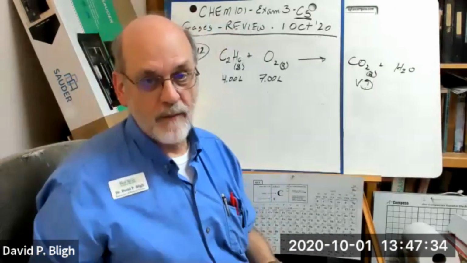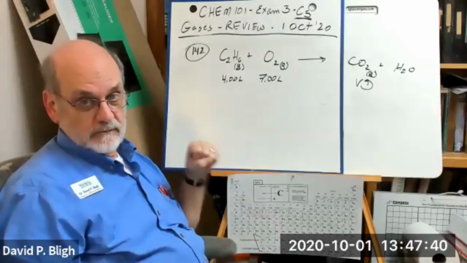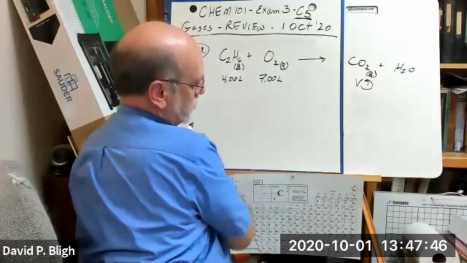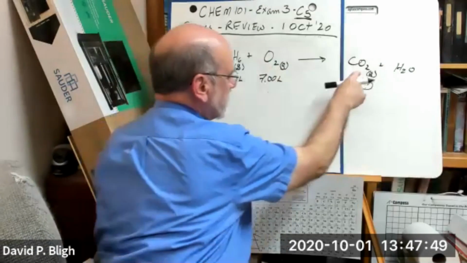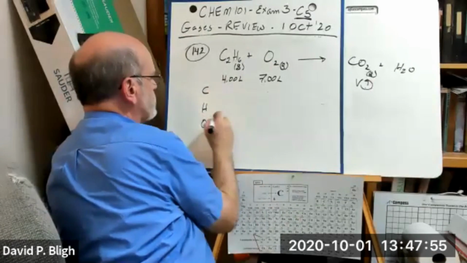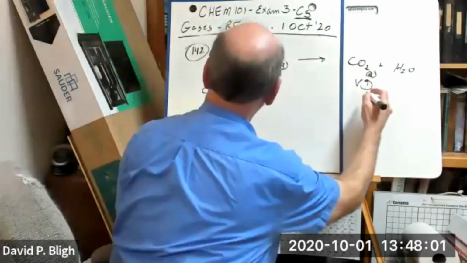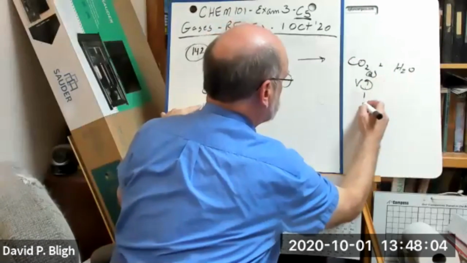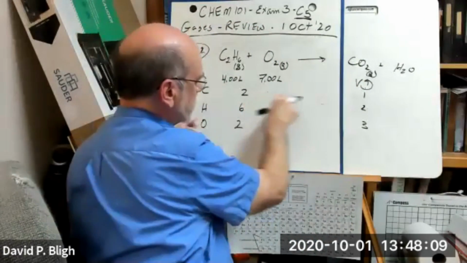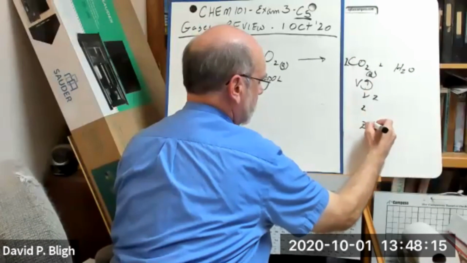Okay, this is a stoichiometry problem using gases. First thing you need is a balanced equation. Can we easily balance that equation? Possibly. Oxygen's in 2 places there, so we're going to need our budget. We've got carbon, hydrogen, oxygen. Starting off with 2 carbons, 6 hydrogens, 2 oxygens. If we say 2 carbons here, that changes this to 2, and this to 5.